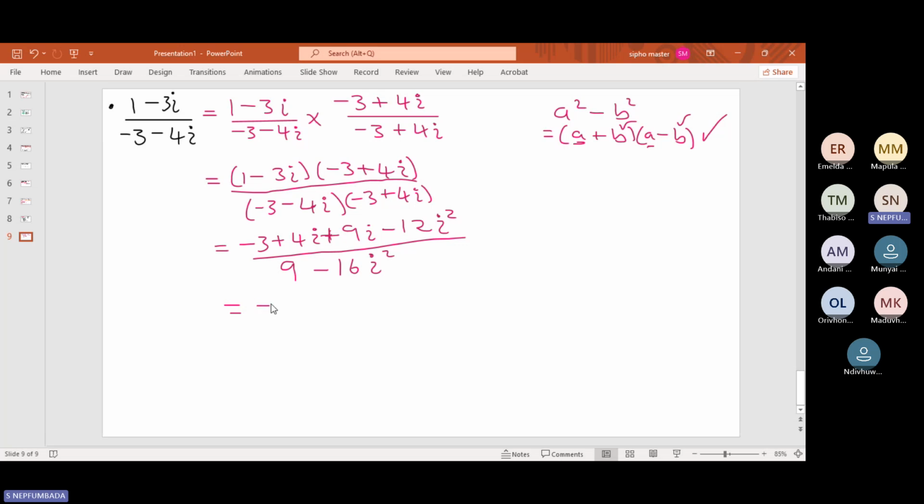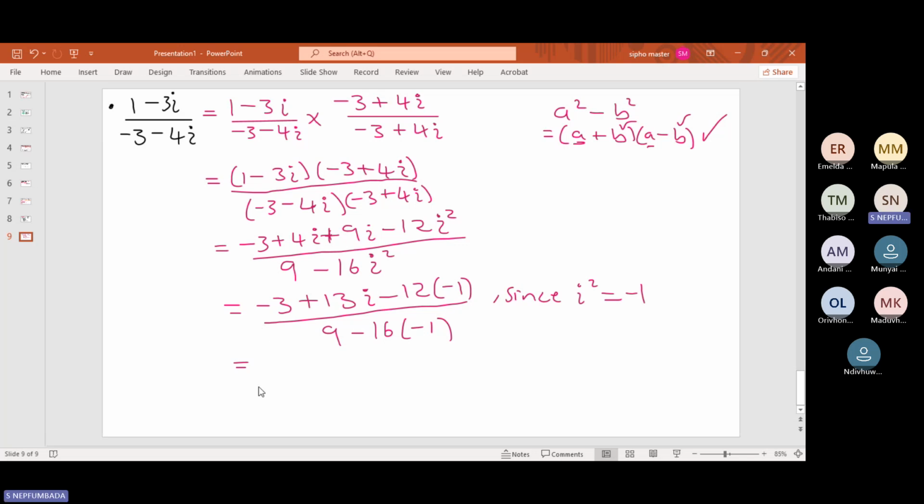Then this is the same as minus 3 plus 13i minus 12 into negative 1, divided by 9 minus 16 into minus 1, since i squared is equal to minus 1. And when we group the like terms, minus 3 plus 12, what did you get?